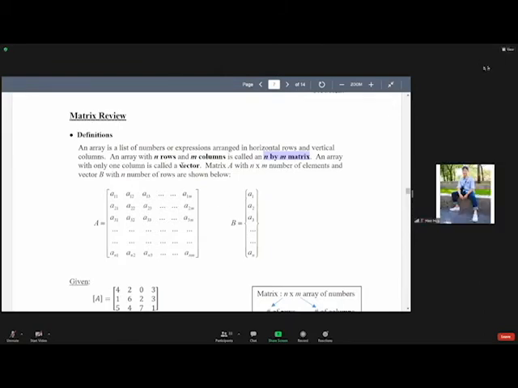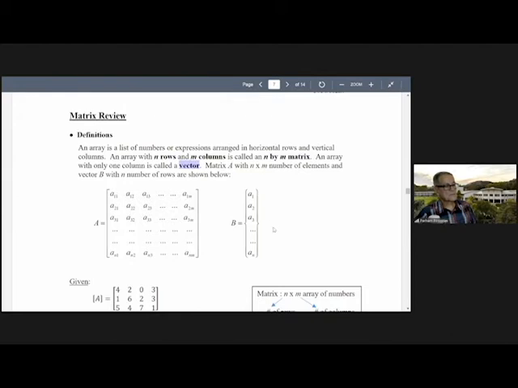So this is called a column vector, or some people call it just a vector, but the better term would be a column vector, because sometimes we have a row vector. Sometimes we have one row but multiple columns, m columns. In that case, we call it a row vector. So this is a column vector.